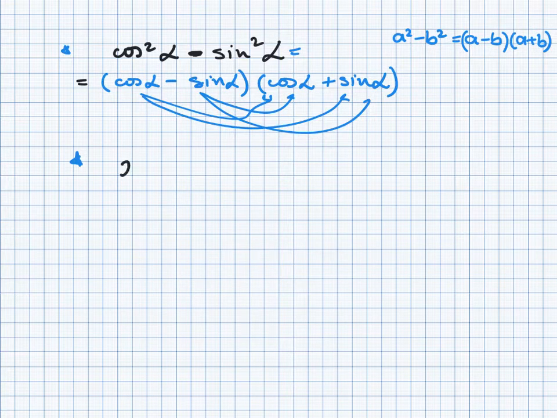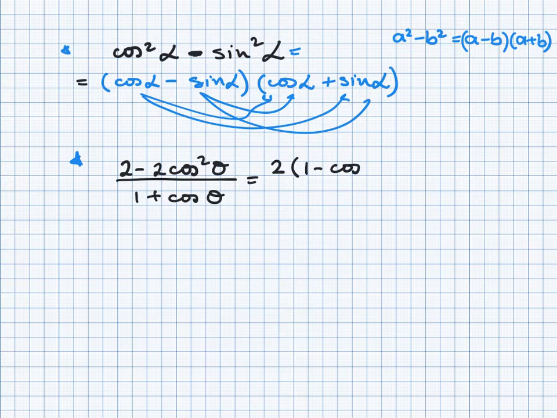So 2 take away 2 cos to the power of 2 theta, over 1 plus cos theta. First thing, we want to simplify at this stage. We can't see anything, so let's see if we can factorize. Yes, 2 is common. We're going to be left with 1 take away cos to the power of 2 theta over 1 plus cos of theta.